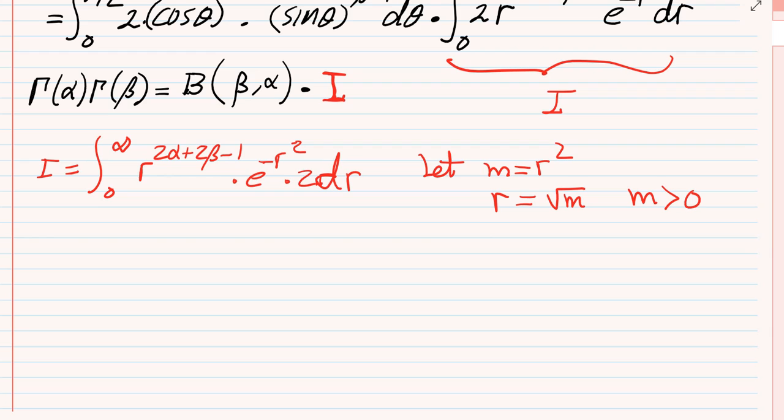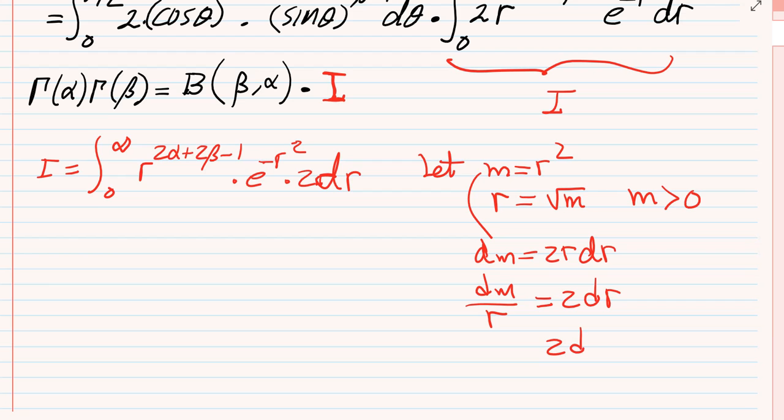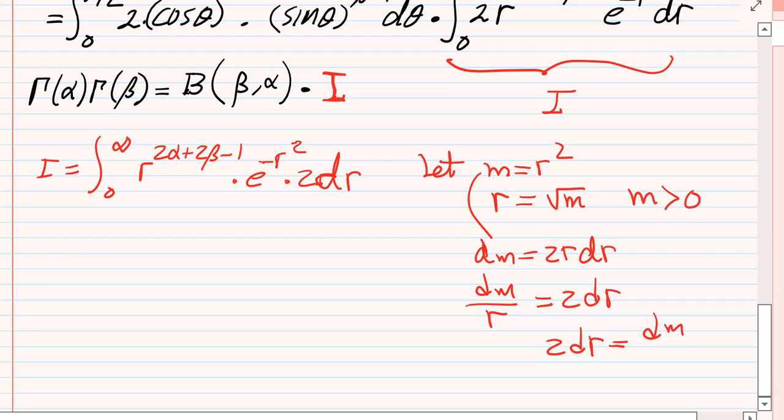Now in m equals r squared, if you take the derivative, then dm is going to be 2r dr, and of course 2 dr is going to be dm divided by r. So I can say that 2 dr is therefore dm divided by r, which is the square root of m.